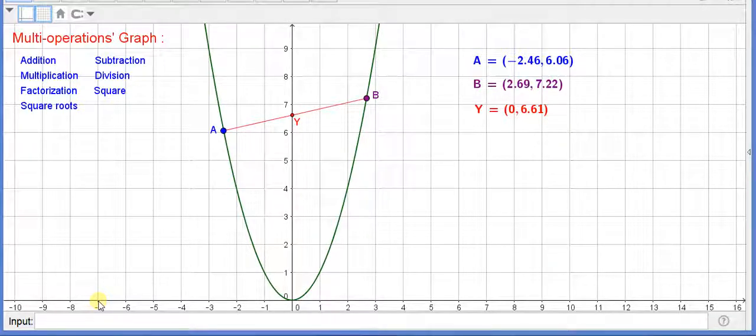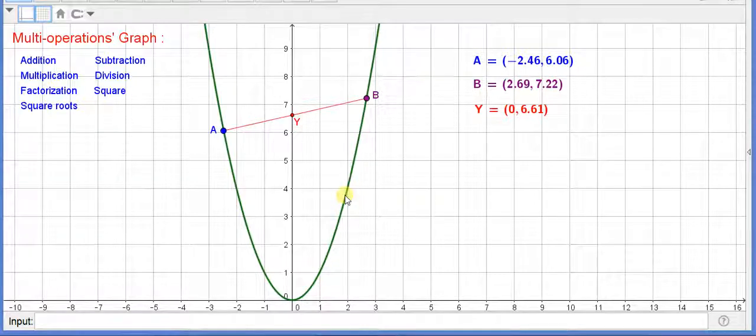So these two operations, addition and subtraction, are performed by this number line. Now for multiplication, we have to draw this graph. This graph is f(x) is equal to x square. This is a graph of a function f(x) is equal to x square.